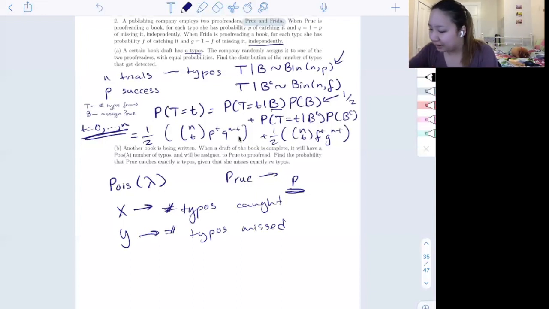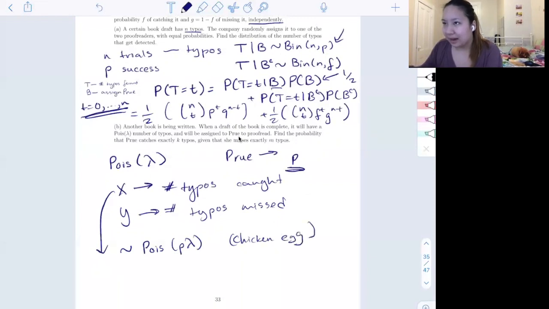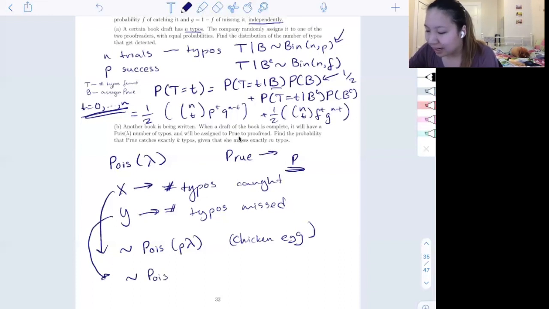We know that X, the number of typos caught, is going to be distributed as Poisson P lambda by chicken egg. And the other way around, the number of typos missed, that's like now a hatched chicken is a typo not caught. That's also going to be Poisson, but this time the probability it's not caught is 1 minus P, Q lambda, and also chicken egg.